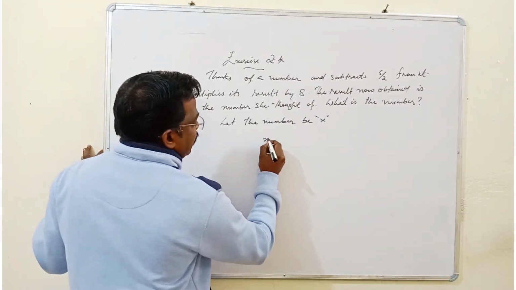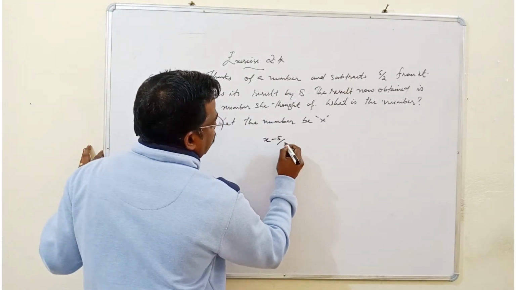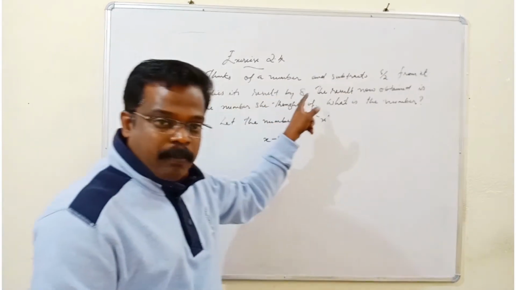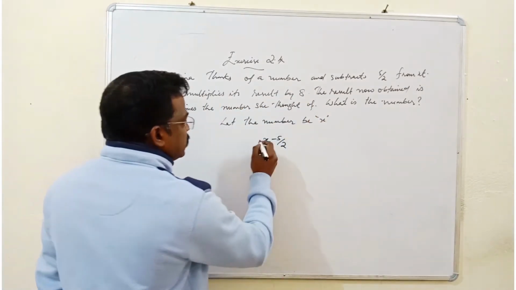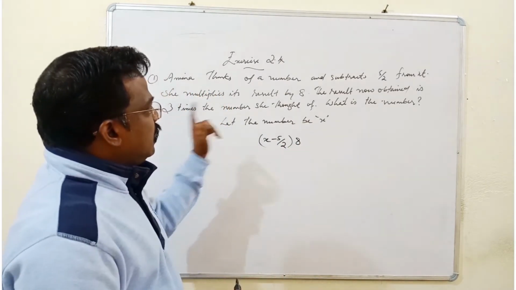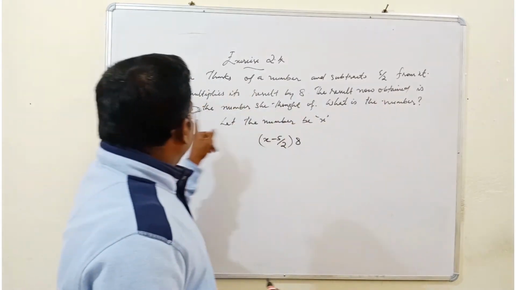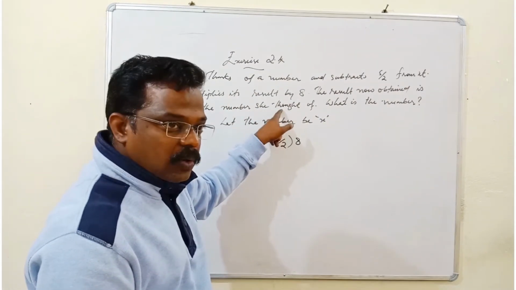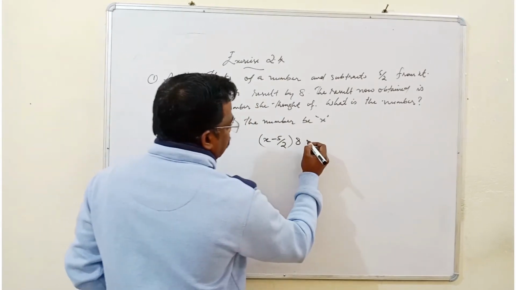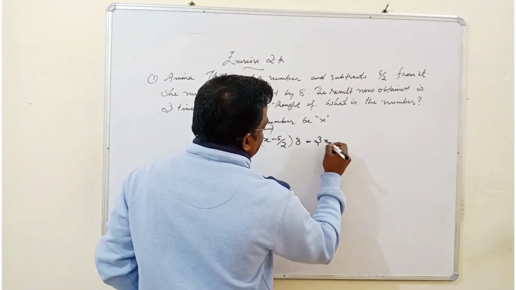That means x minus 5 by 2. Then what did she do? She multiplied its result by 8. She multiplied this by 8. The result she obtained is 3 times the number she thought of. Which number did she think of? x. It's 3 times, so it equals 3x.